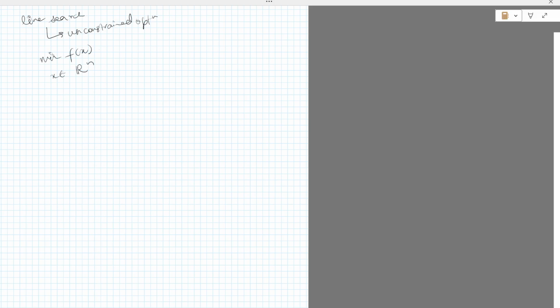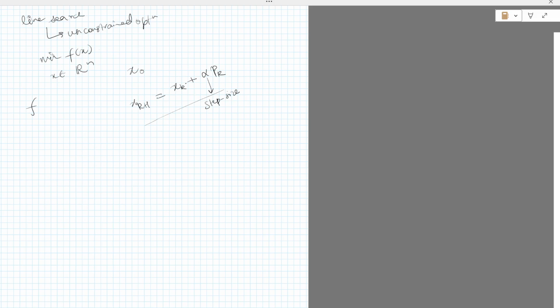You start with some initial point x0, and from each xk you choose some direction pk and a step size alpha, and you get the next iterate.